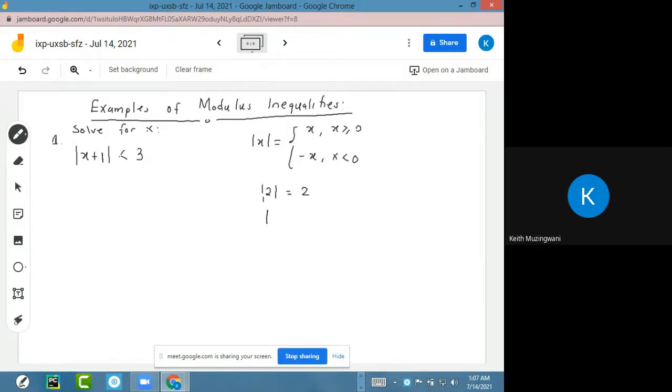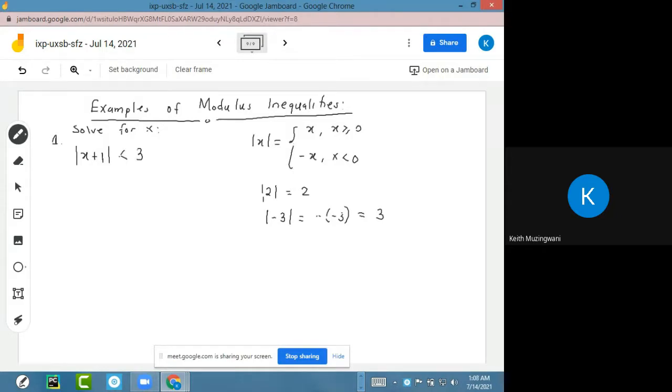But if the number given is negative 3 and you want to make it positive, you multiply it by a negative, so that negative times negative becomes positive 3. In other words, the purpose of the modulus is to make a number positive, always.